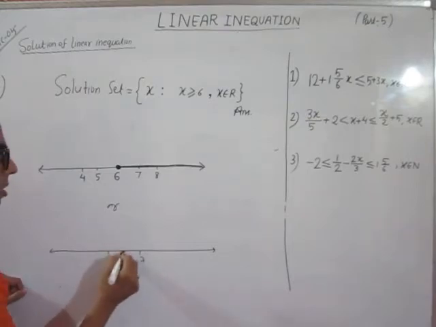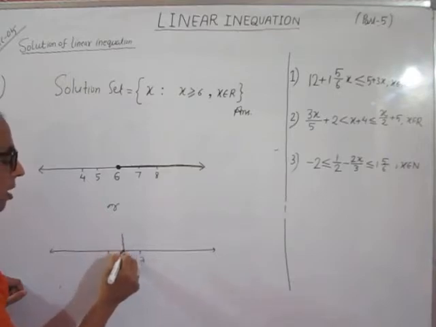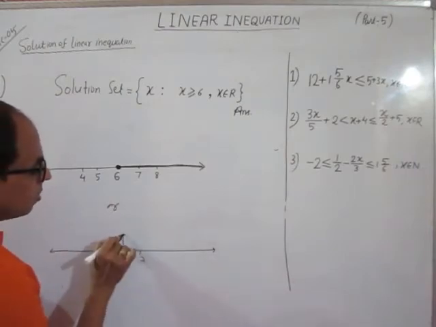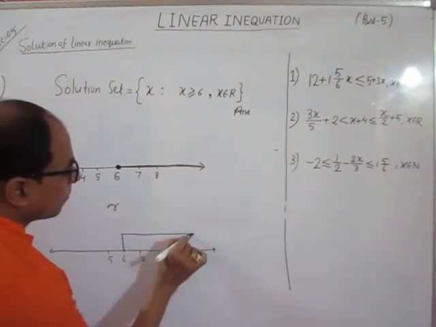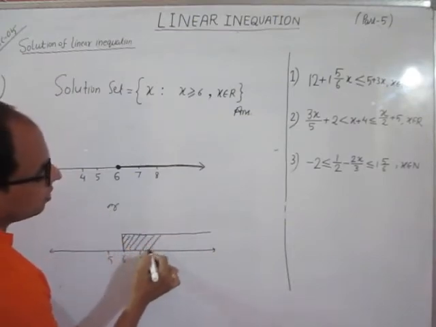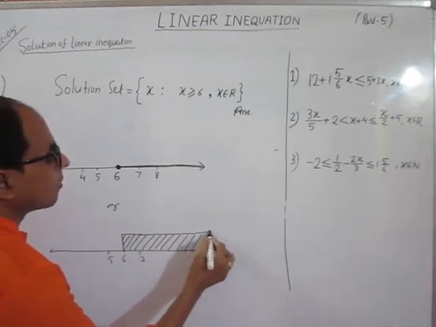Now since this point is included, for a closed point draw a vertical line. Now x is greater than 6, so draw a line this side and set it. So this is another way to represent it graphically.